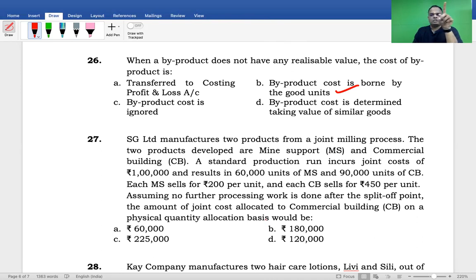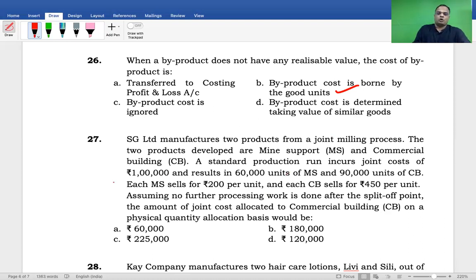Each MS sells for rupees 200 per unit, and each CB sells for 450 per unit. Assuming no further processing work is done after the split off point, the amount of joint cost allocated to CB on a physical unit allocation basis would be how much?